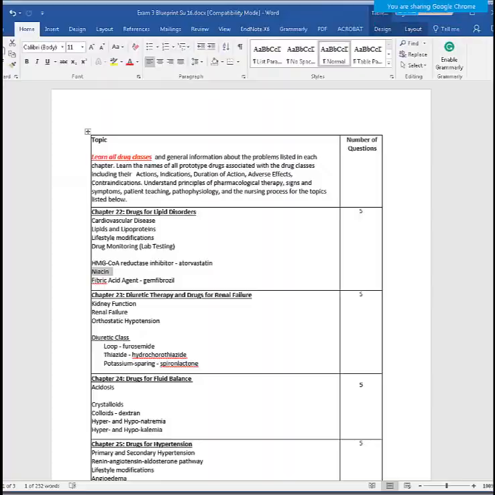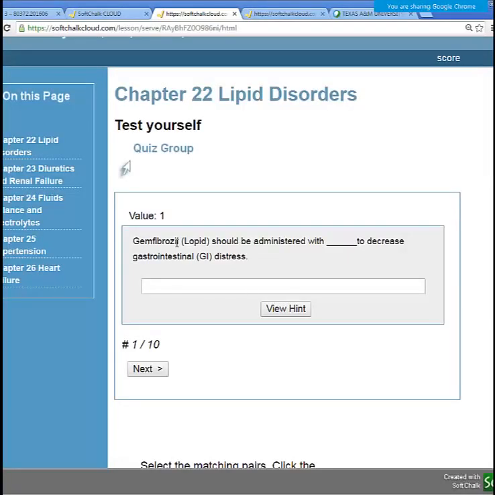Okay, so let's get back to this. Lopid should be administered with blank to decrease GI stress. Whenever you see something administered with in GI distress, you're thinking of the stomach. So it's easy to think through that one. I'm going to think, should it be administered with food or milk or an antacid?